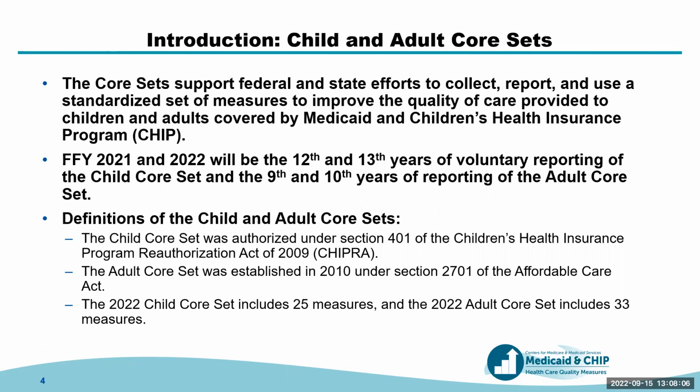The child core set was authorized under Section 401 of the Children's Health Insurance Program Reauthorization Act of 2009, also known as CHIPRA. The adult core set was established in 2010 under Section 2701 of the Affordable Care Act. The 2022 child core set includes 25 measures, and the 2022 adult core set includes 33 measures. Next slide, please.